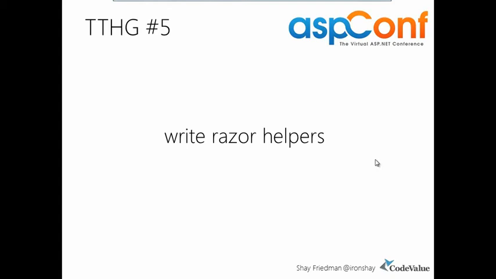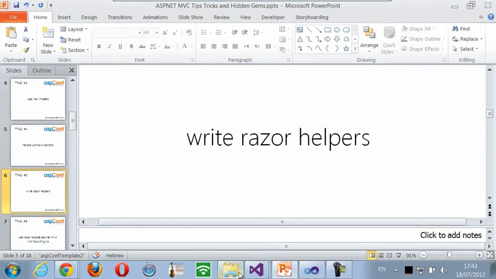Up until Razor, with the ASPX view engine, you needed to write custom HTML helpers in C#, and it's a totally valid approach. But writing HTML in C# is not the best experience, and in Razor it just makes so much sense. So let's see how you do that.